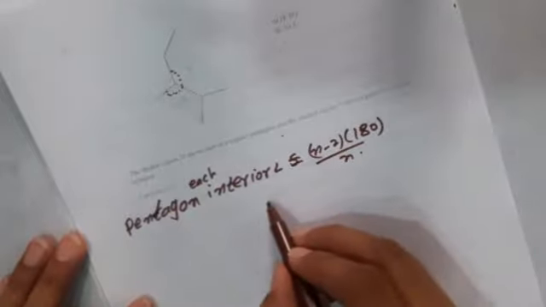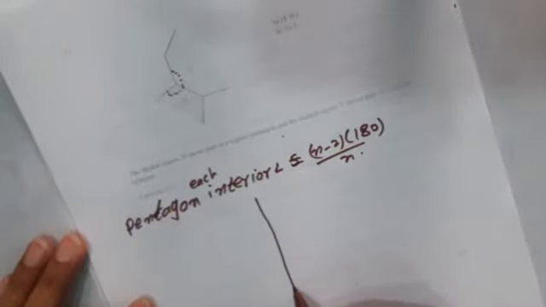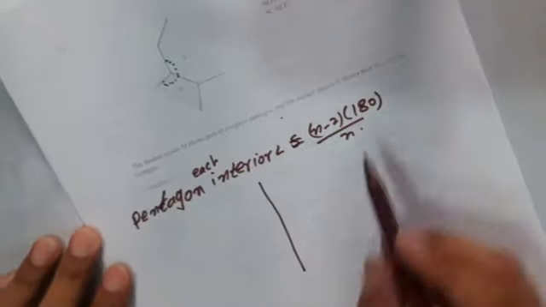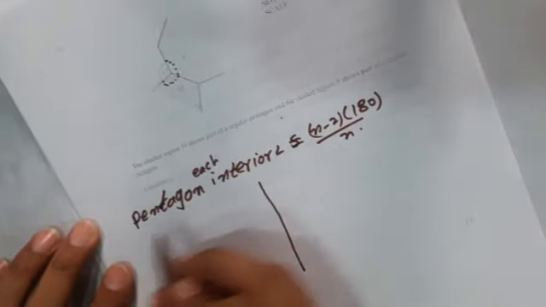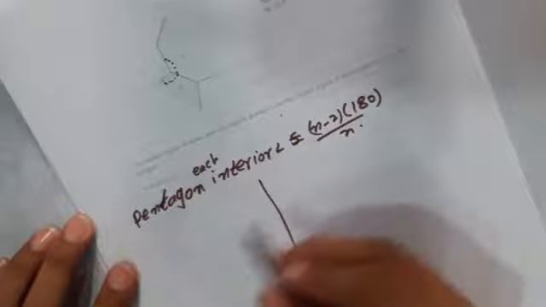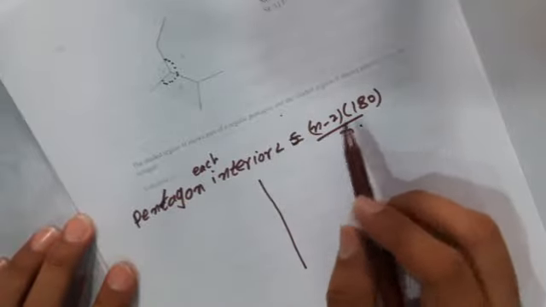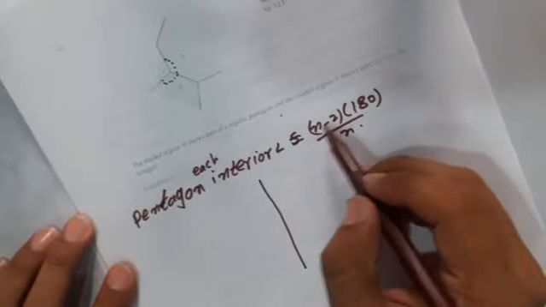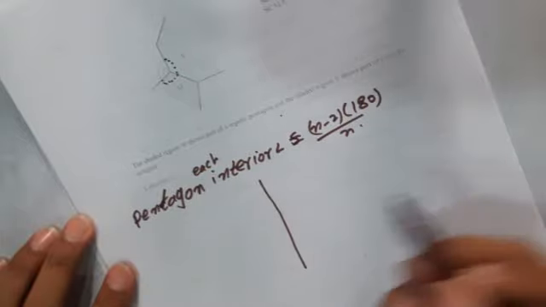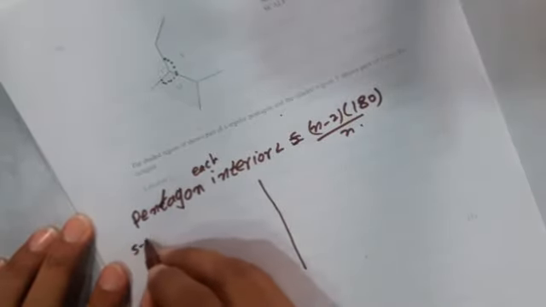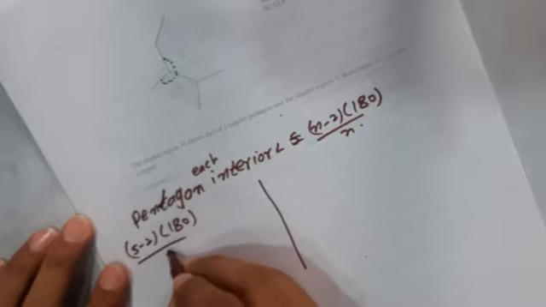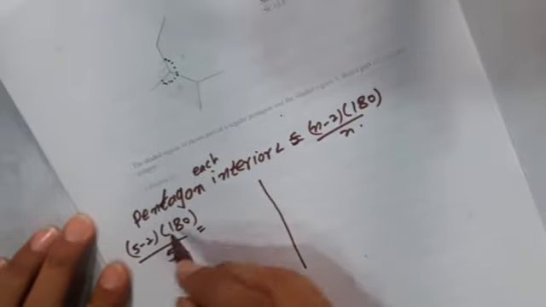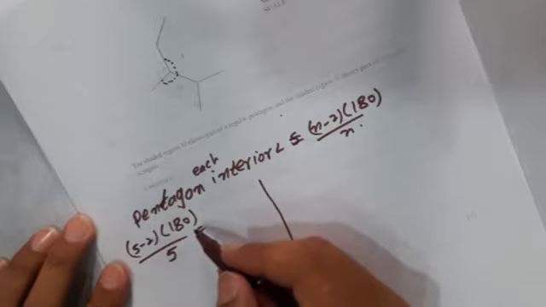We can divide it in two parts because we have to find the pentagon and octagon each interior angle. The formula for pentagon and octagon is always the same. We will change the number of sides. So the pentagon has 5 sides. So (5 minus 2) times 180 over 5. 5 minus 2 is 3, times 180 over 5.